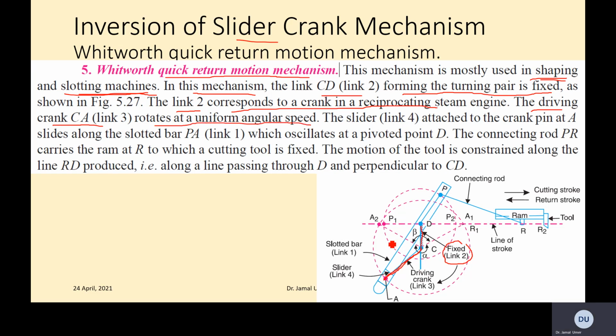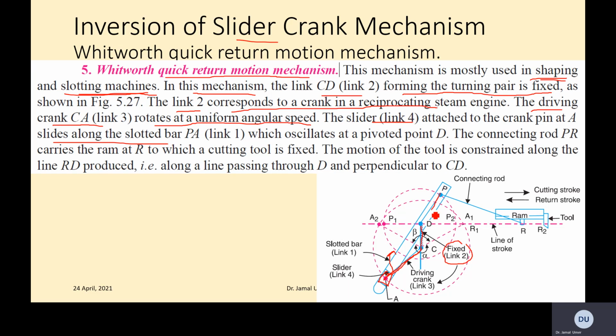It rotates at uniform angular speed. So this one, CA, rotates at uniform angular speed. The slider link 4 attached to the crank pin at A. So this slider, this little assembly, the slider link 4 attached to the crank pin at A, slides along the slotted bar PA.